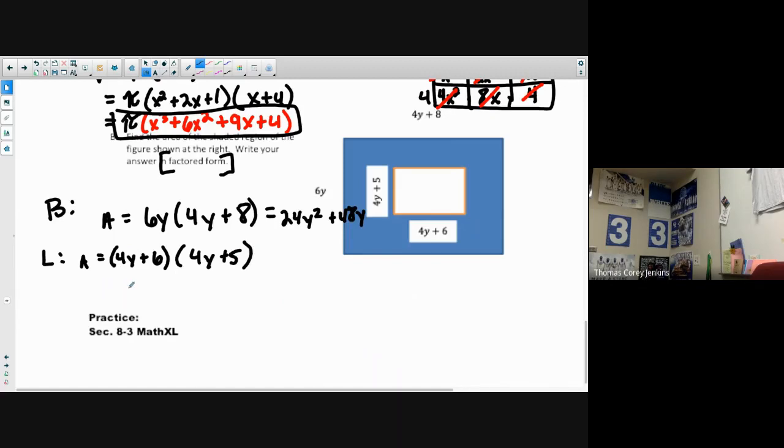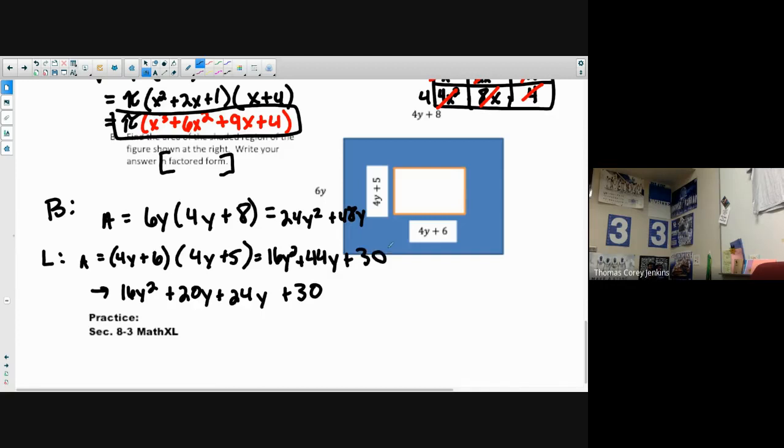That's going to give me 16y squared plus 20y. Then we're distributing the 6 to get 24y and plus 30. So altogether, 16y squared plus 44y plus 30.